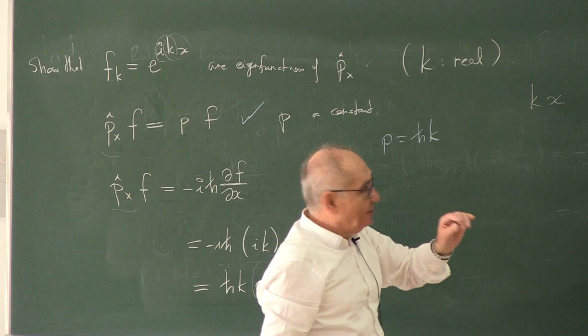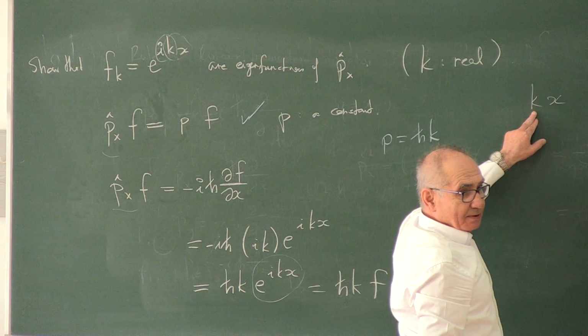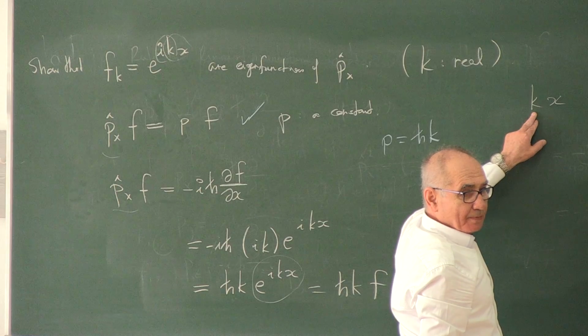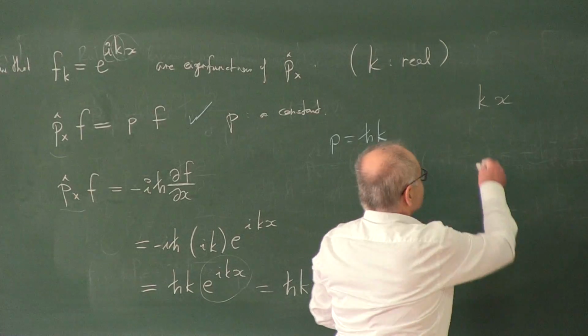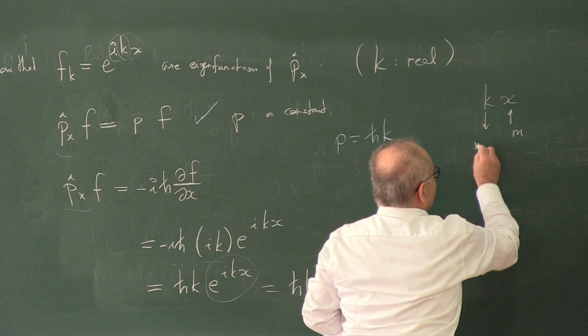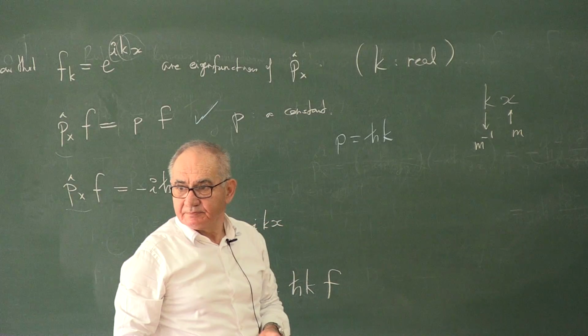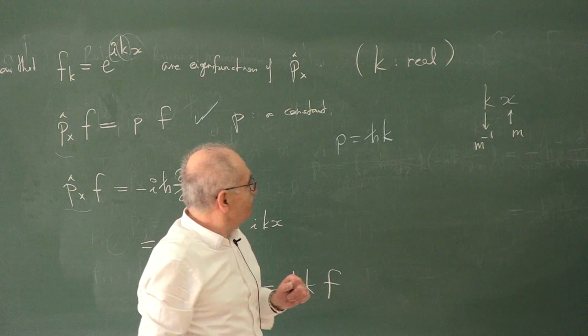No unit. Which means k itself should have, if this is meters, the unit 1 over meter. Meter to the minus 1. It must have that unit.